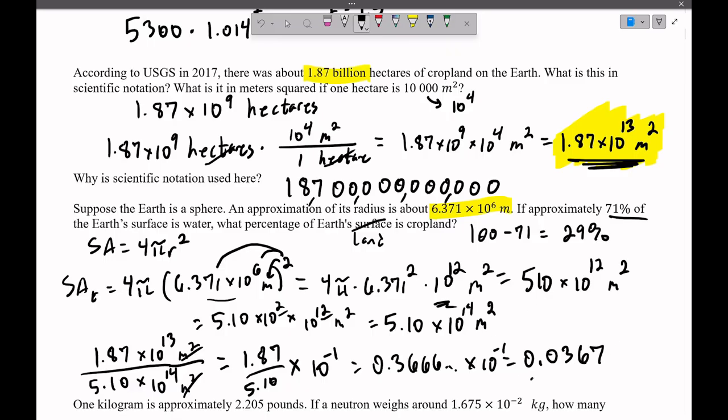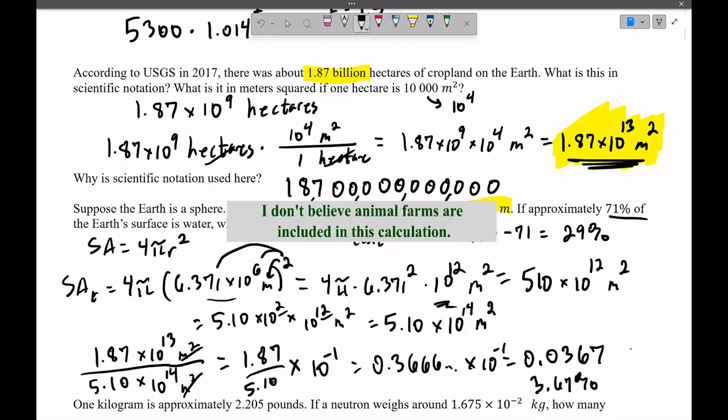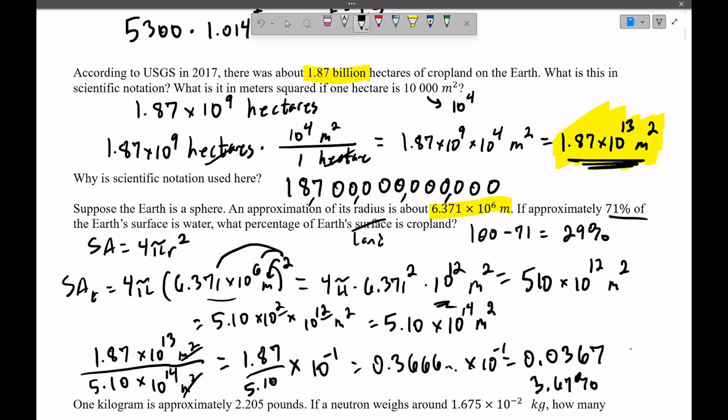In other words, we have 3.67% of the Earth's land is cropland, a very small percentage, and that's for the entirety of human survival. That's how much land is being used to grow food and all the other crops we use, even like coffee and things like that. So quite a small percentage for the entirety of Earth's population.